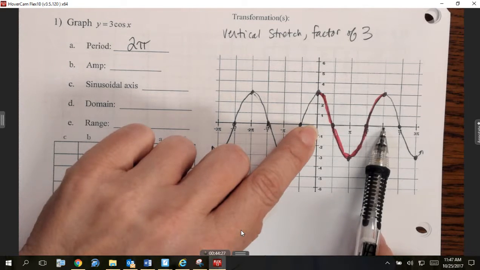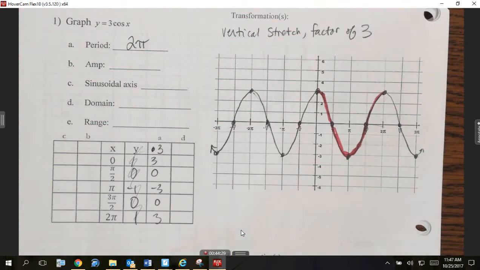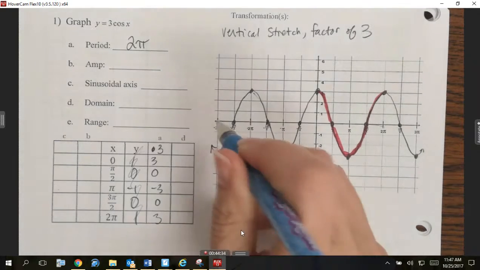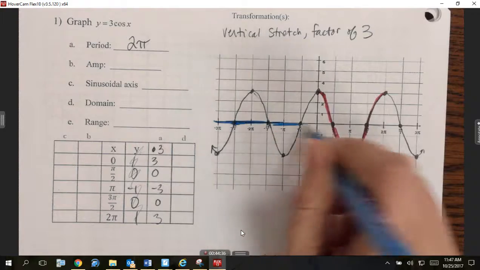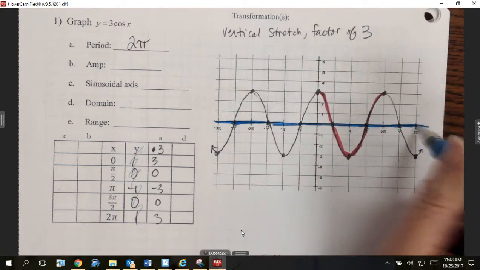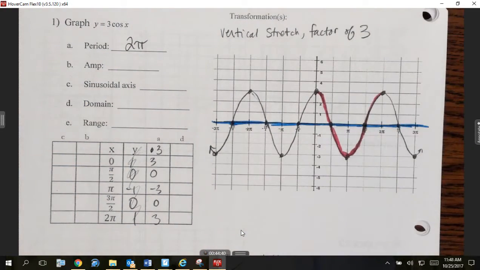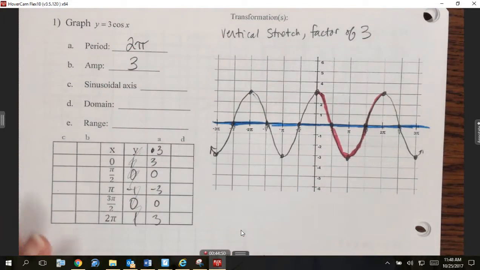That's the period. The amplitude is, if you found the middle, the midline, which is right here, the amplitude is how high above the midline and how far below the midline this graph goes. 3. It's 3. The amplitude is just the vertical stretch or shrink. It's the same thing. But you got to be careful.